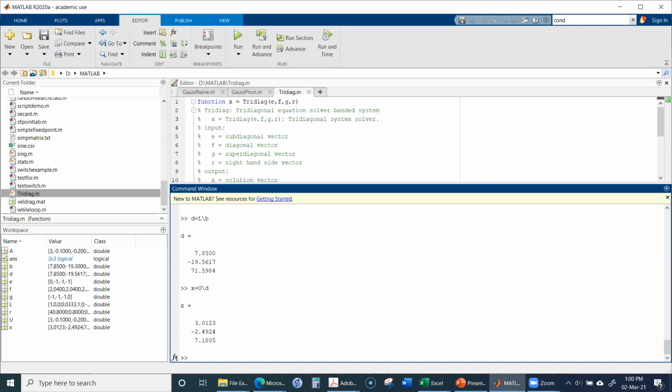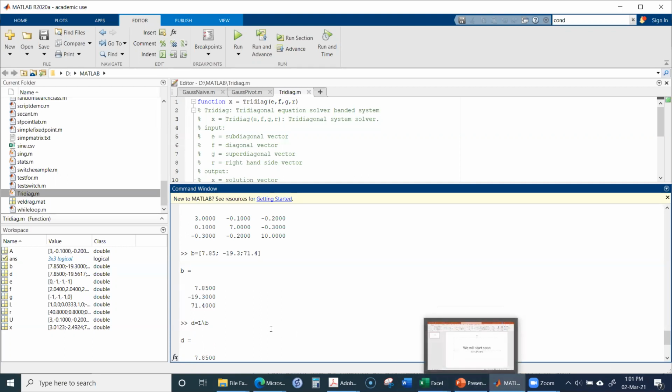The answer over here, I think there is some mistake in the answer. Maybe I put the values as 7.85, minus 19.3, 71.4.